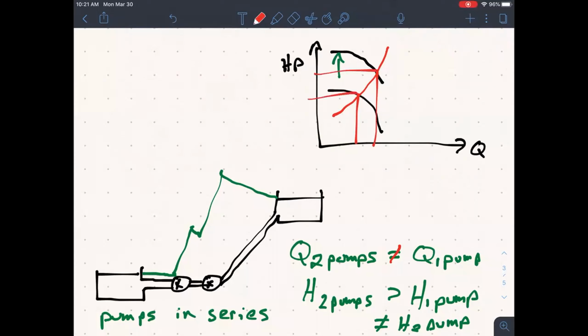So now we have obviously greater head and slightly greater, we'll say the head is much greater and then the discharge is a little bit greater than Q1. Or sorry, this would be Q2. So that's pumps in series. We're doubling the head for a given discharge.